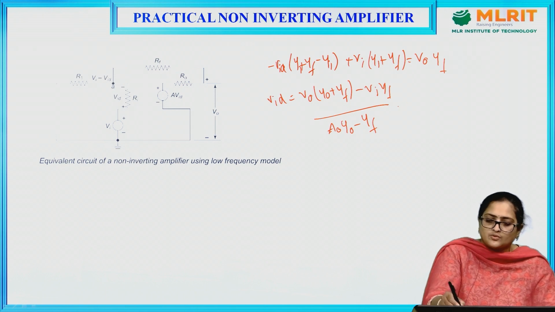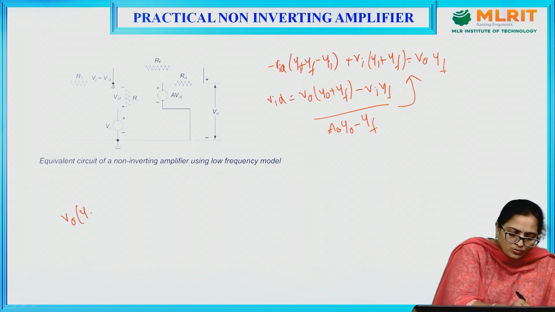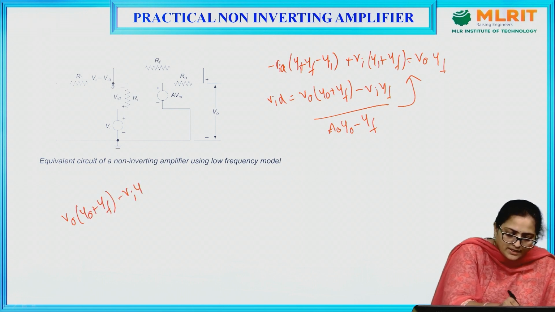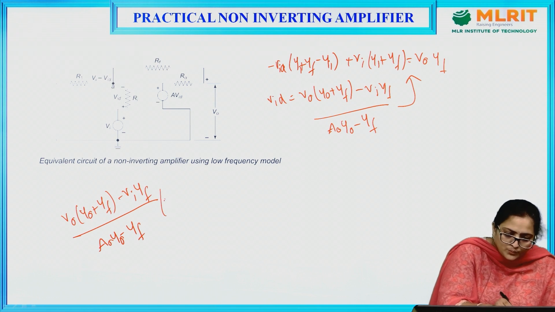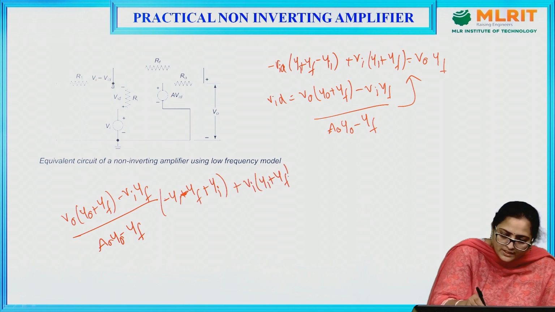So, now after substituting this VID in this expression, you can write it as V naught into Y naught plus YF minus VI YF divided by A naught Y naught minus YF into minus Y1 plus YF minus Y1 minus YF plus YI plus VI into Y1 plus YF is equal to V naught into YF.